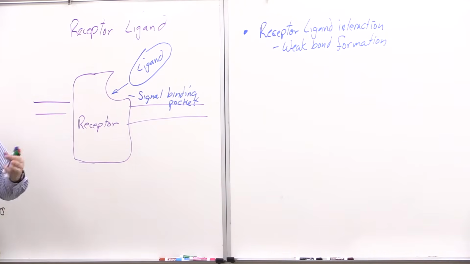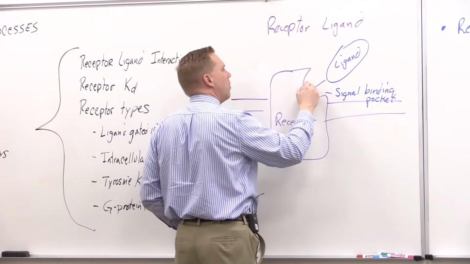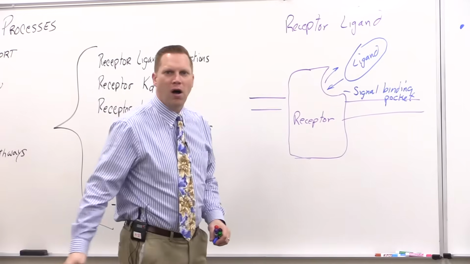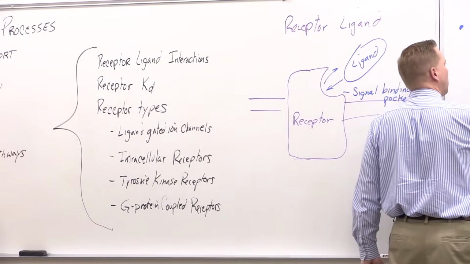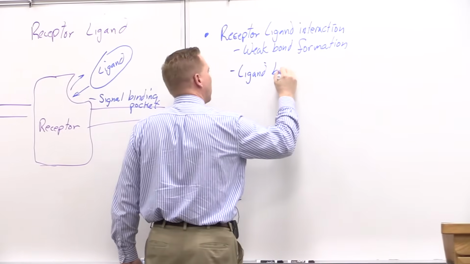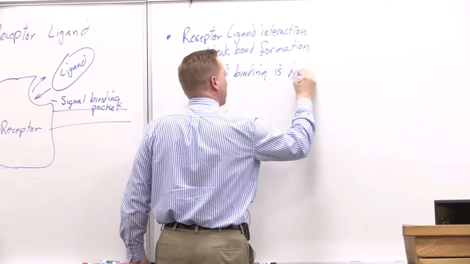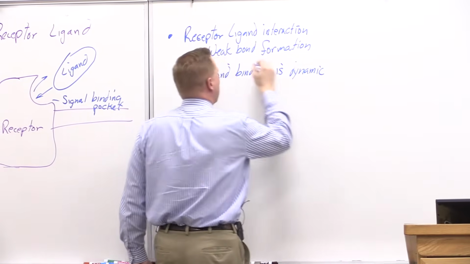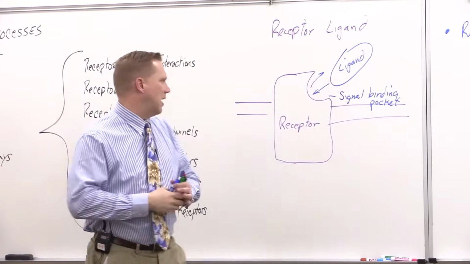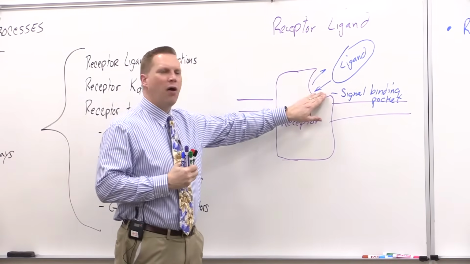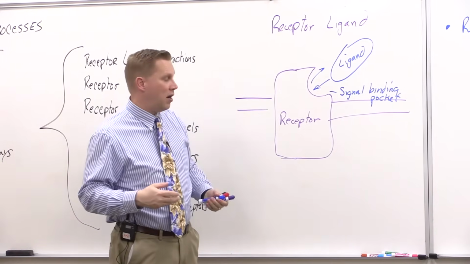Depending upon the number and the strength of those weak bonds, it can not only come in, but it can also come off. So ligand binding is dynamic. Because it's based on weak bonds, all that dynamic means is that the ligand can come in and be bound, and it can come back off. So ligand binding is rarely permanent.